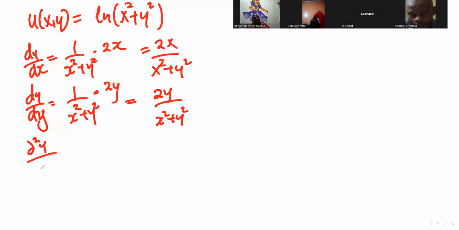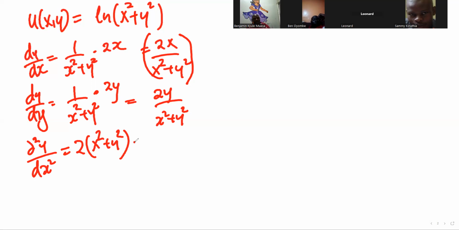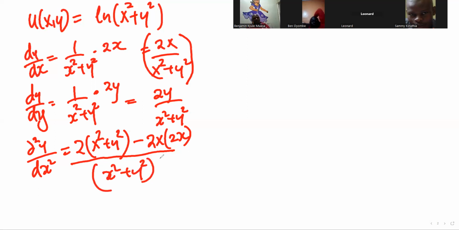That's okay? Yes. But because we want to prove it's harmonic, you have to find the second derivative, d squared u over dx squared. Now this is the one that we have done on the other page. You find the differentiation of what is on the top, which is 2. You copy the bottom the way it is. Then minus, you write the top the way it is, times the differentiation of the bottom, which is 2x, divided by x squared plus y squared, then you square.